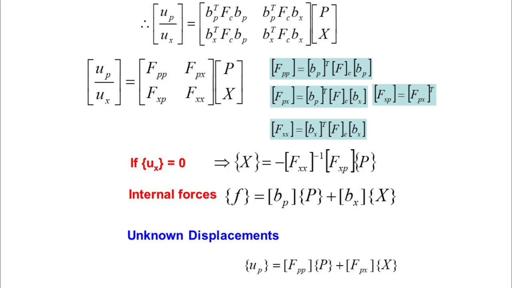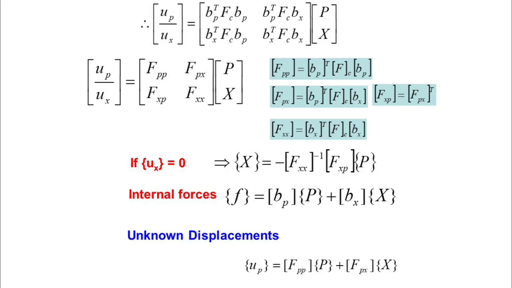In either of the two situations, whether UX is 0 or not, we can now obtain the reactions or the redundants X. Once we have the redundants X, we can obtain the internal forces by making use of the force transformation matrix, because we have already derived it, and now we have the components BP and BX, and since X is known, the internal forces can be obtained.